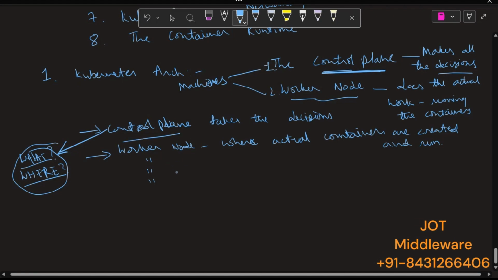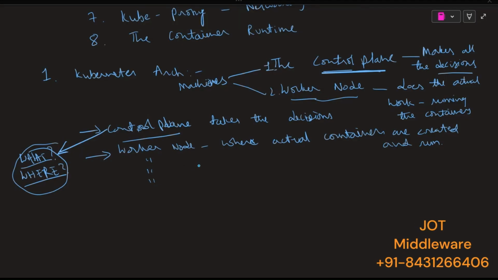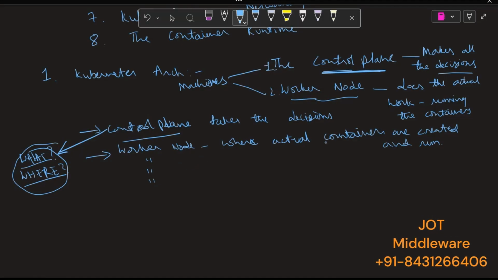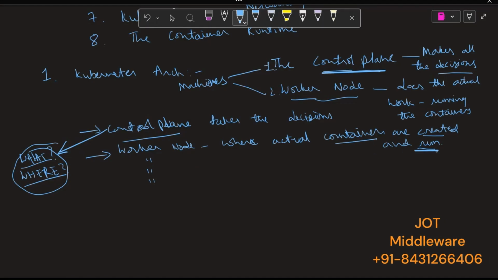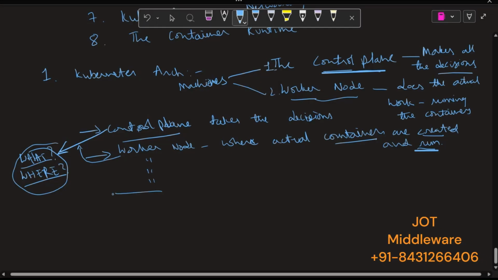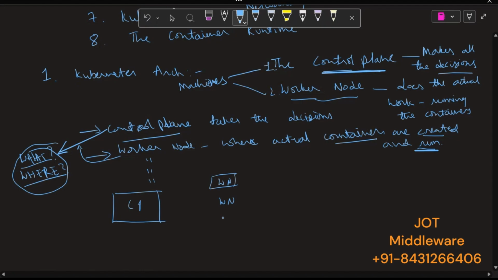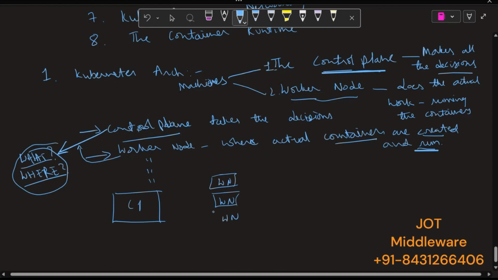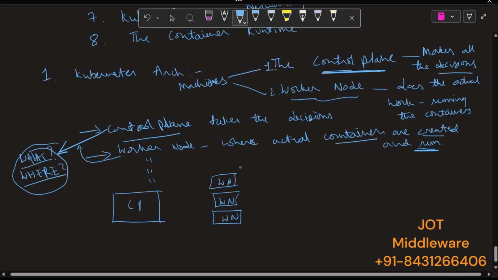There may be multiple worker nodes. On these nodes, the actual containers get created and start running your application. Let me put it here. This is your control plane, and there are multiple worker nodes. This is a worker node, and this is another worker node where actual pods run. There is a pod here, there is a pod here, there is no pod here.